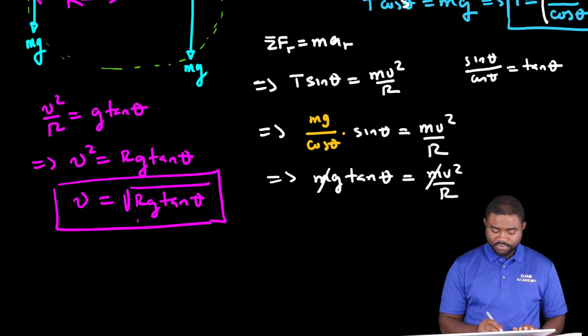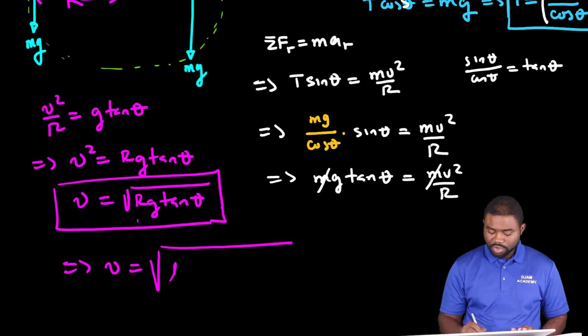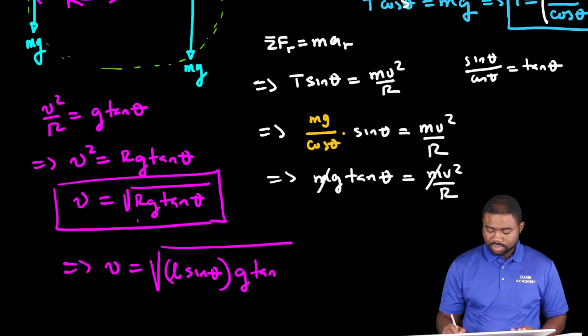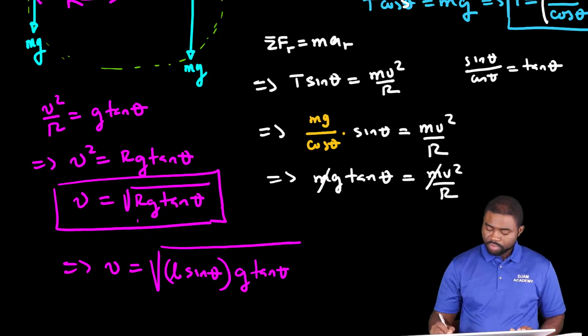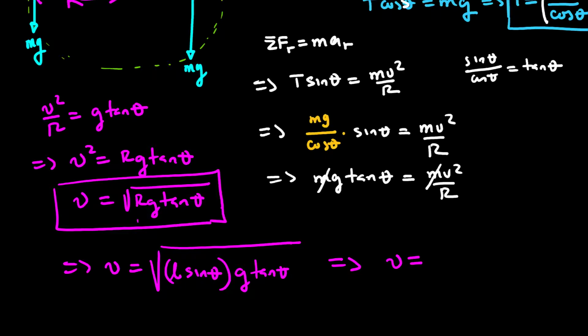And if that is the case, v will become the square root of L sine theta multiplied by g tan theta, which in turn implies that v is equal to the square root of L g sine theta tan theta.